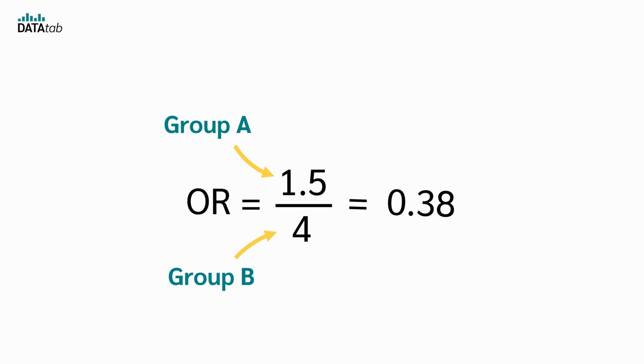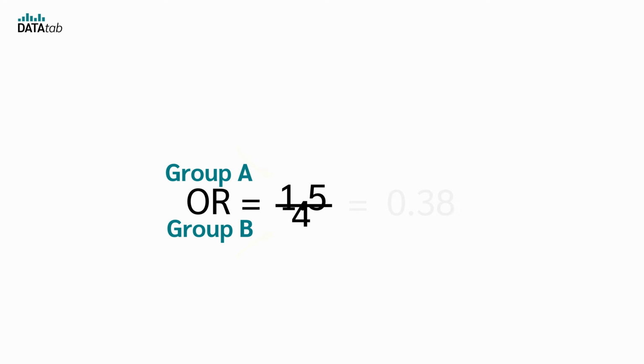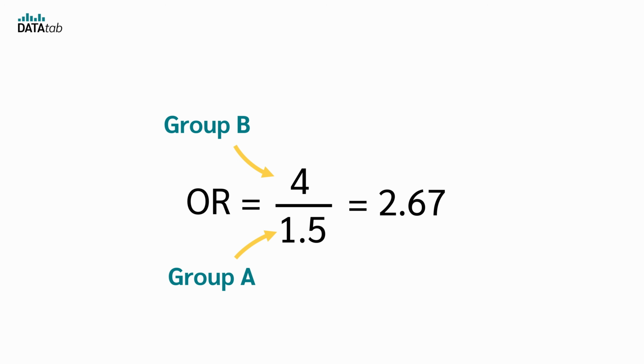The odds ratio of 0.38 means that the odds of being diseased in group A are 0.38 times the odds of being diseased in group B. Of course, we can also switch the order.